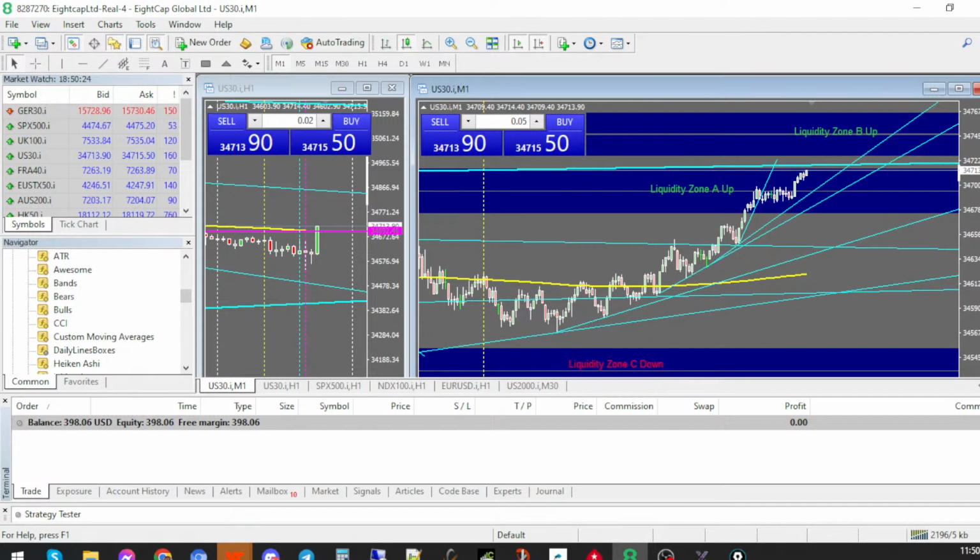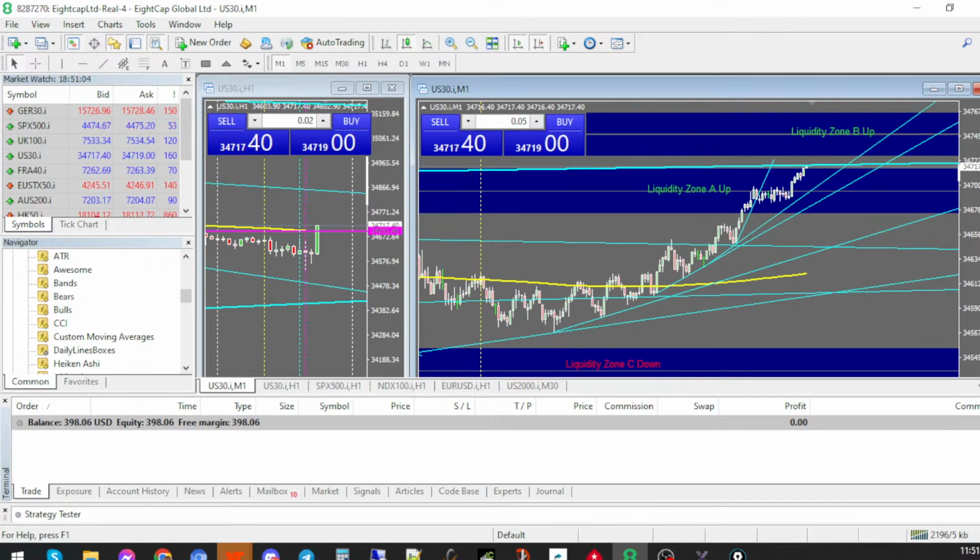Price still pushing up. Price still pushing up.